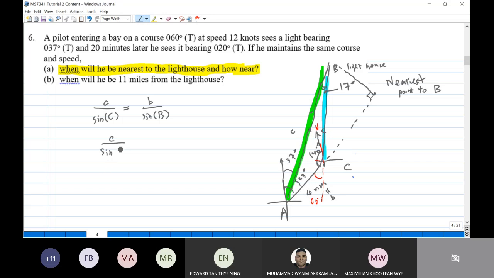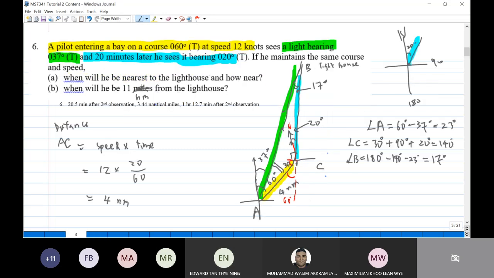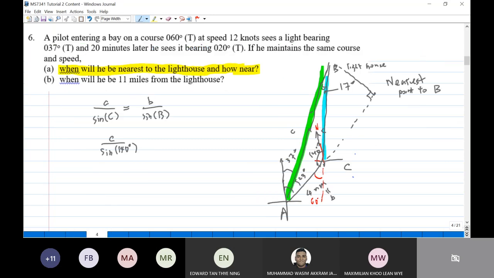Okay, angle C is 140. Right, angle C, correct, right? Let's check again, 140, correct? Okay, 140, it's correct here, yes.